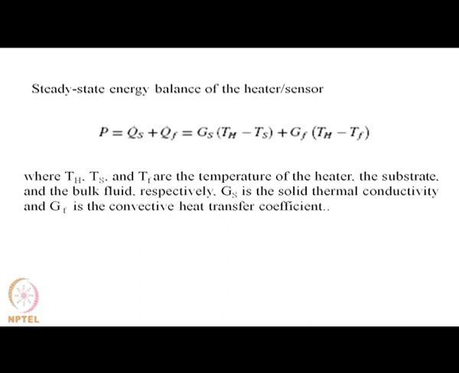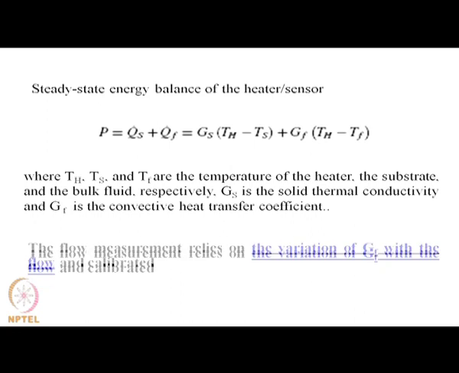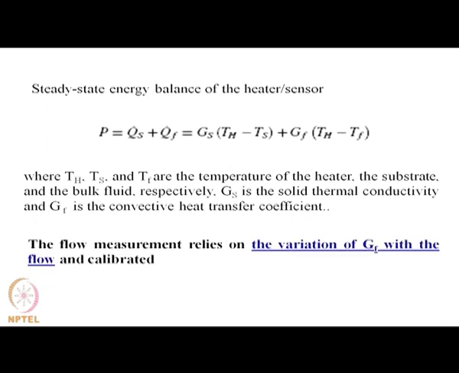So, TH minus TS provides the driving force for conductive heat transfer in the solid, whereas TH minus TF provides the gradient necessary for convective flow. Now, GS and GF are two coefficients, one refers to conduction and the other refers to the convective heat transfer coefficient. The flow measurement essentially relies on the variation of GF with the fluid flow and is calibrated.